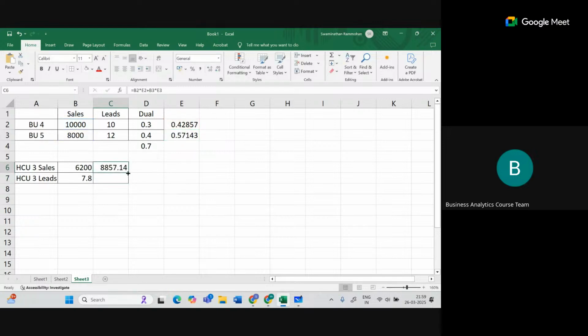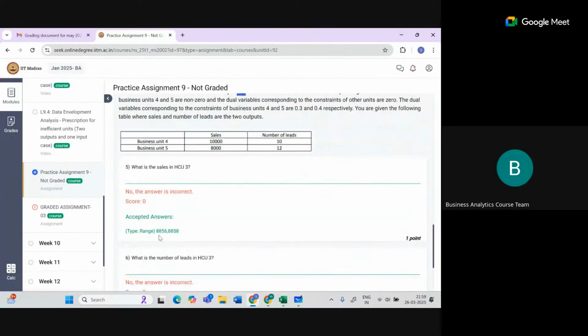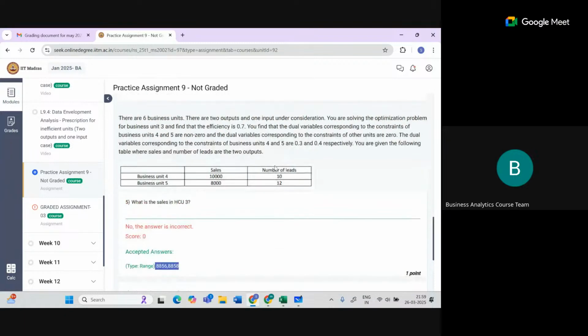Similarly, 10 into 0.42 plus 12 into 0.57. Now these answers should match this range. When, in your question, these two dual variables add up to 1, then you don't have to normalize.